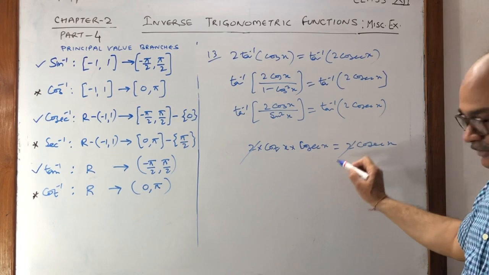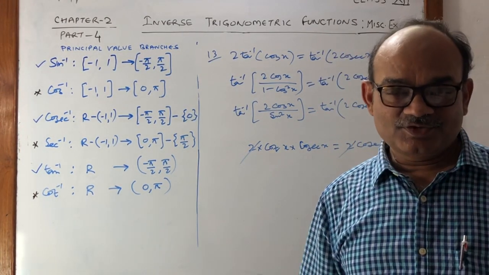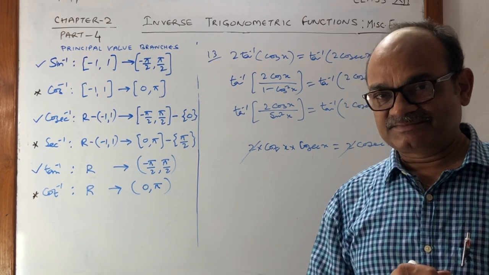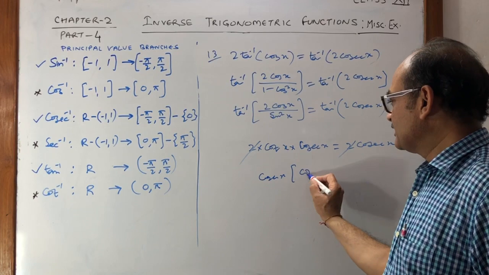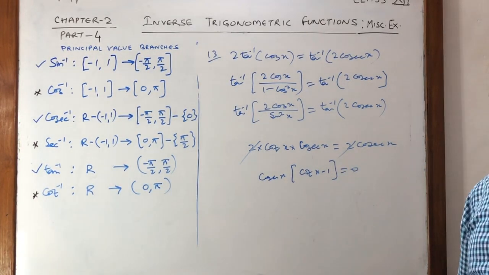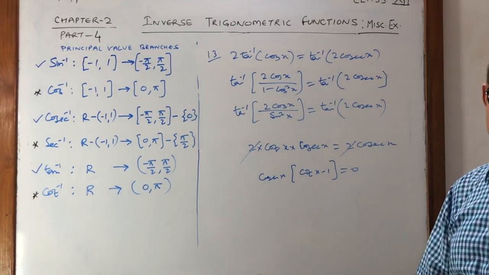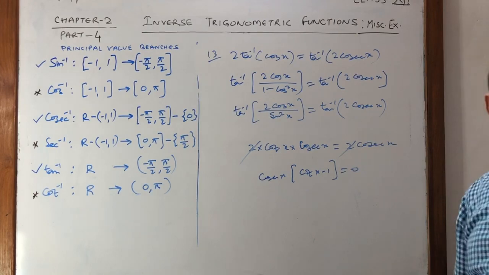If you remember from your class 11th trigonometric equations, how we solve the trigonometric equations. Cosec x is common, remaining is cot x minus 1. Or you can convert it into sin and cos. So here, either cosec x equals 0 or cot x minus 1 equals 0.